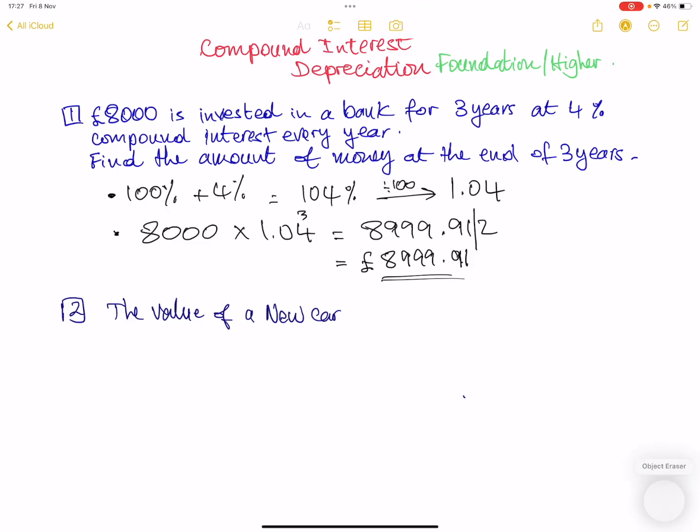The value of the new car is 18,000 pounds, and is depreciated by 15% each year.